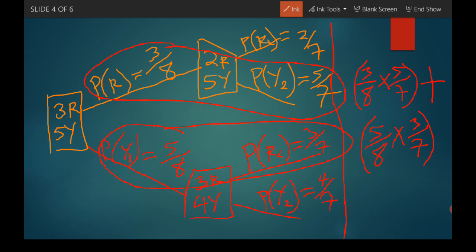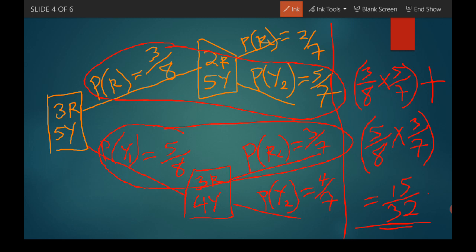When you simplify those, 3 times 5, that is 15 out of 56, plus 15 out of 56. When you add those two, we find that our answer will be equal to 15 out of 28. And that is our answer. You always simplify the final answer.